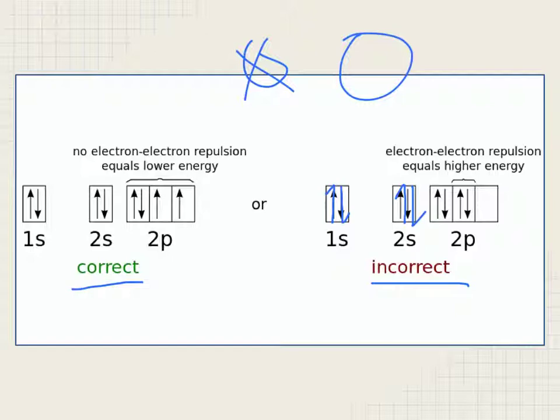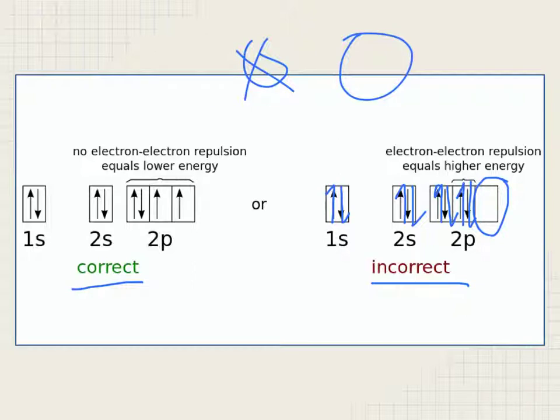The incorrect version would say, let's just fill our 2px with 2, our 2py with 2, and our 2pz will be left blank. That is incorrect, because Hund's rule says that all orbitals need to be filled with 1 electron before a second electron can fill another orbital.